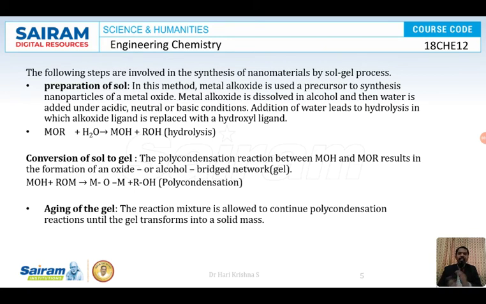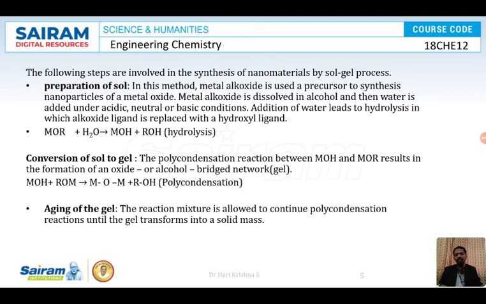The condensation reaction continues until the gel transforms into solid clusters, accompanied with contraction of the gel network and expulsion of solvent from the gel pores. You can see the polycondensation reaction between alcohol and this M-OR. You know what OR is, isn't it? It is the ligand here. It results in the formation of an oxide or alcohol. This is a gel. Next process is aging of gel.